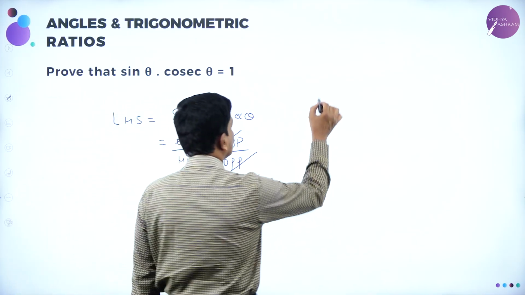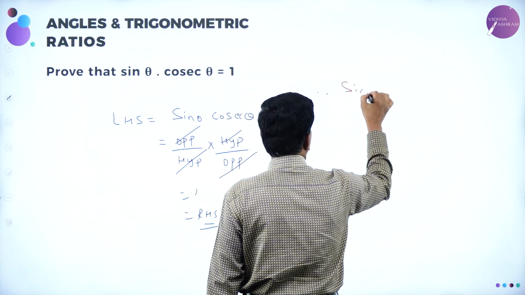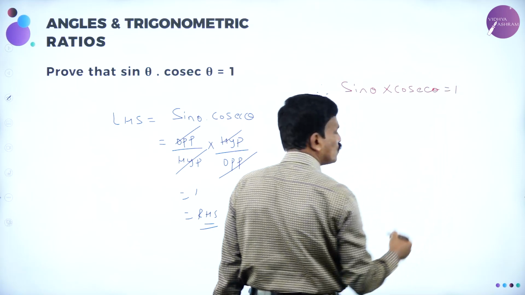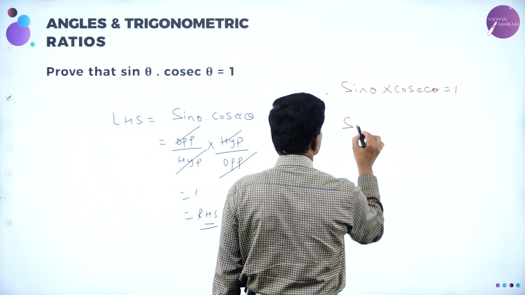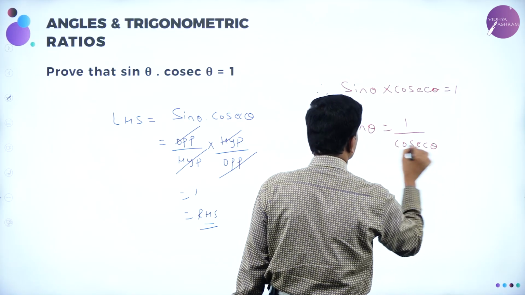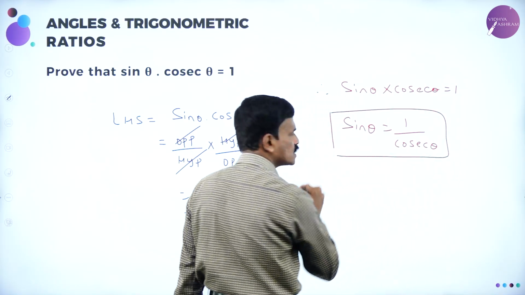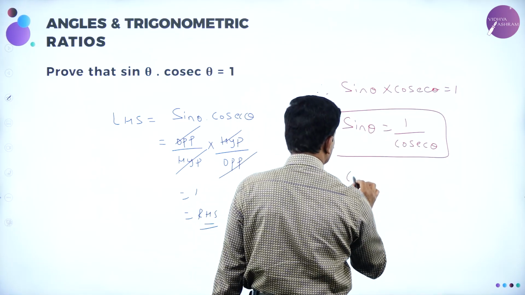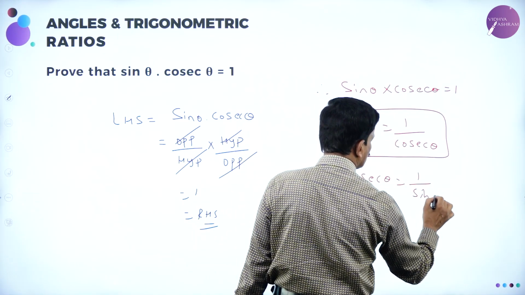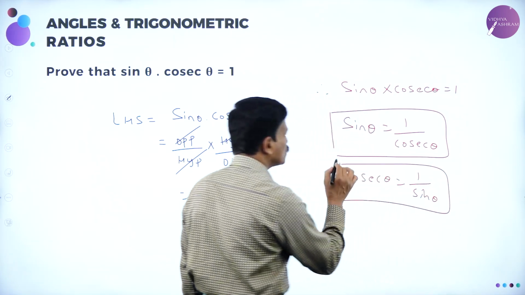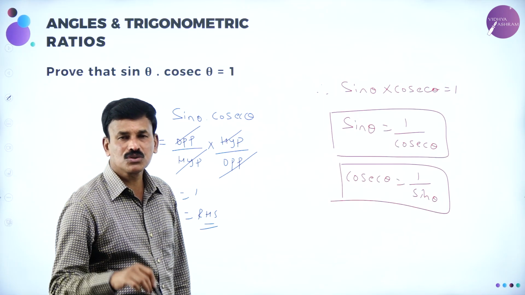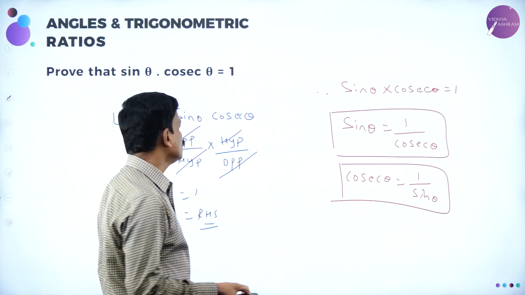If you want only sin theta, it can be written as 1 by cosecant theta. This is the first reciprocal relation. Or cosecant theta in terms of sin theta is 1 by sin theta.